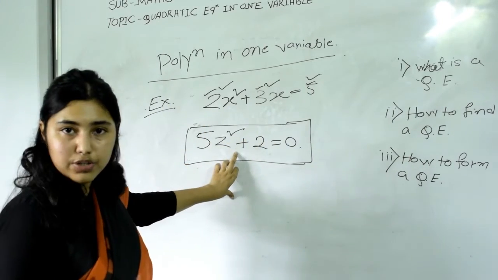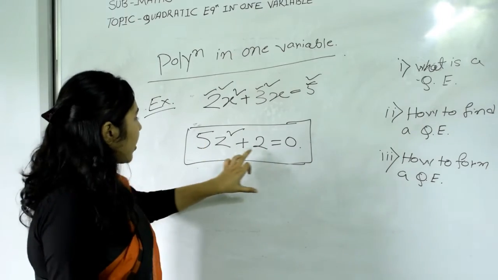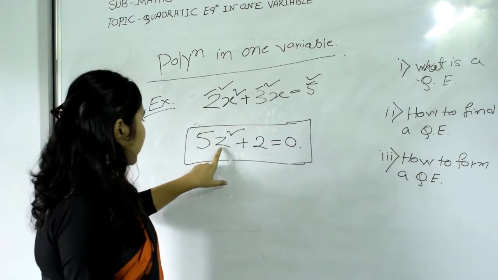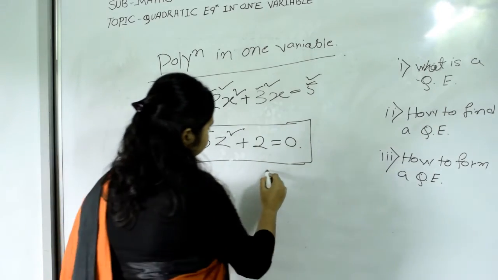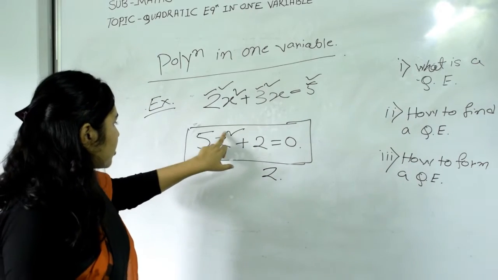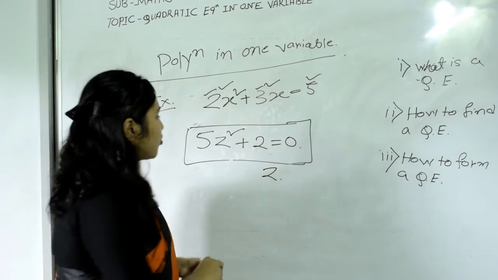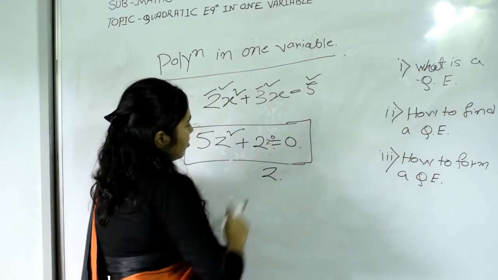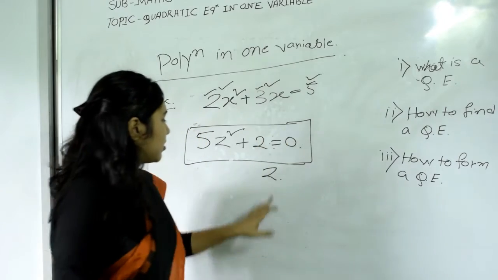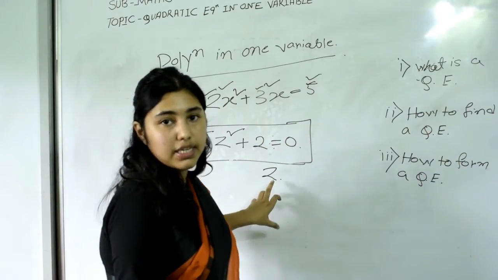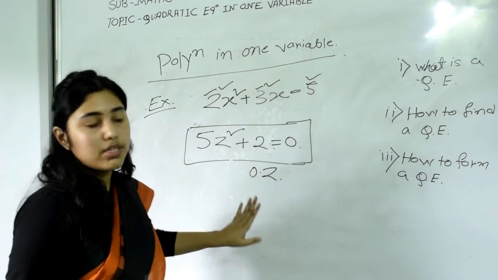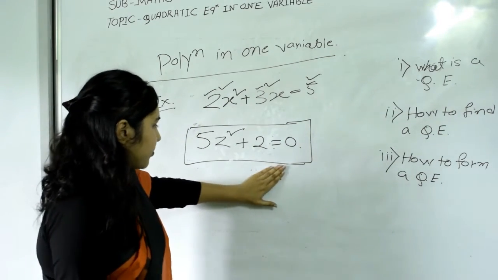For the second equation, here 5 and 2 are the coefficients and the variable is z. Here the coefficient of z is missing, right? We have z square and after that z to the power 0, which is nothing but 1. But the term z is missing. That means the coefficient of z is 0. That's why this term is missing.